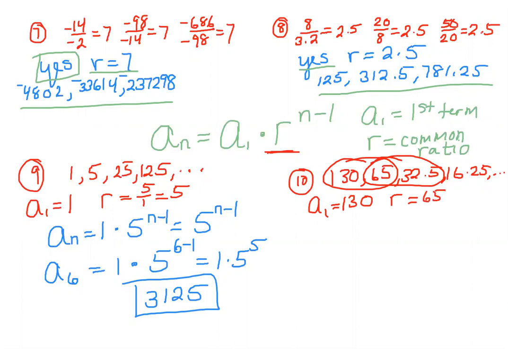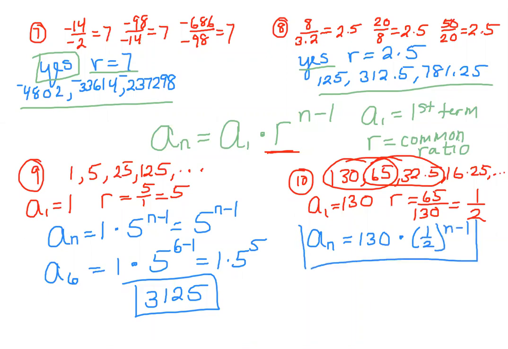So if I take 65 over 130, I get a half. So my rule is going to be 130 times 1/2 to the n minus 1. So when it asks you for a rule, that's what it's going to look like.